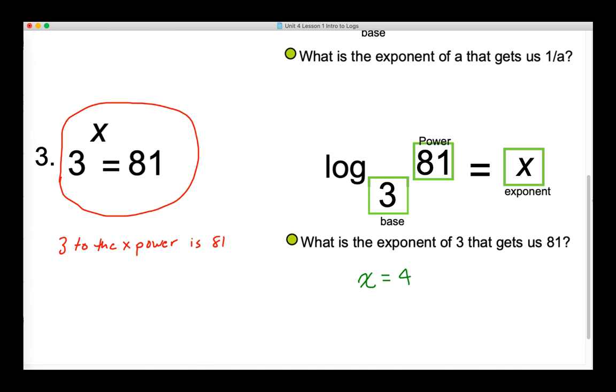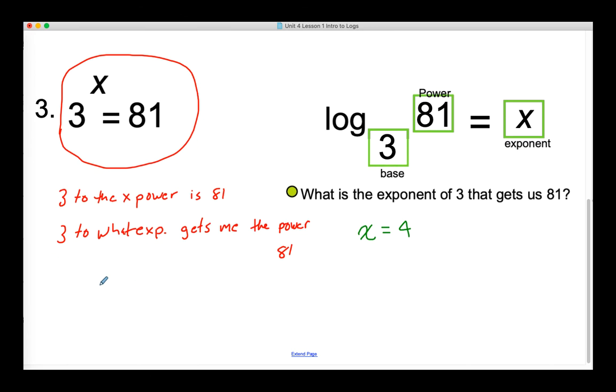I say it all the time too, but we as math teachers really should address this early on. This should be read 3 to what exponent gets me the power 81, because 81 is a power.